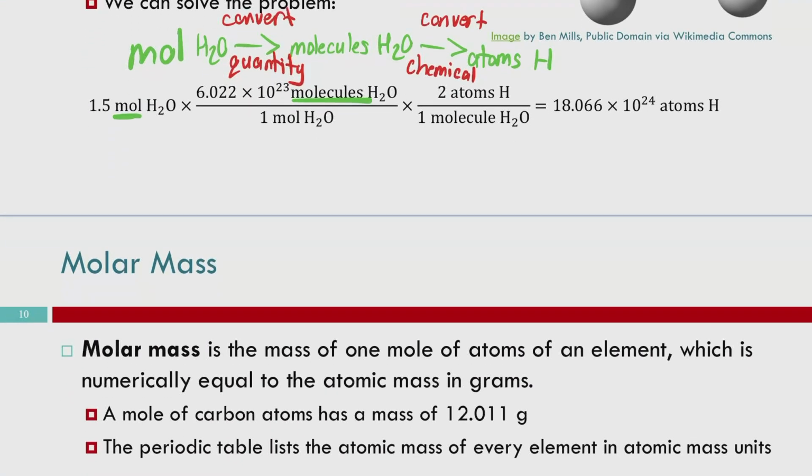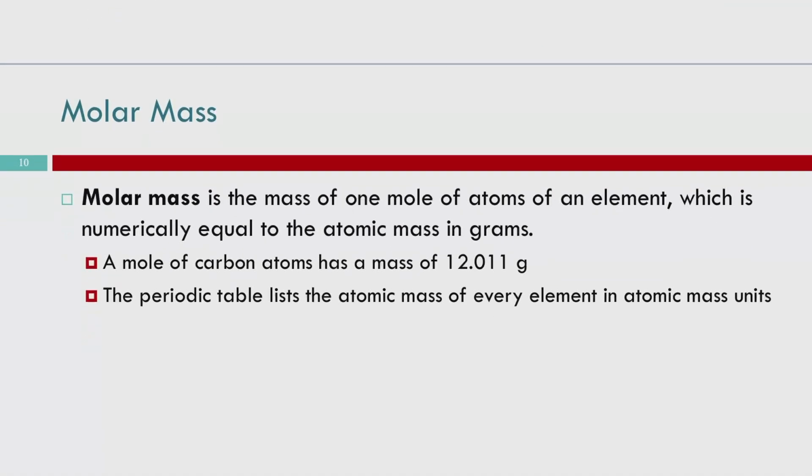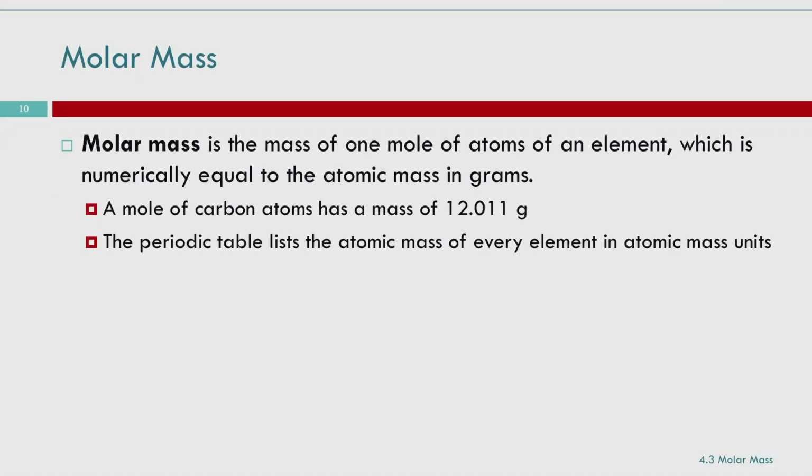Other important numbers that we'll need to use include the molar mass. The molar mass is a massively important unit for chemistry. It's the mass of 1 mole. Molar as in pertaining to moles, and mass as in mass. So it's the mass of a mole.